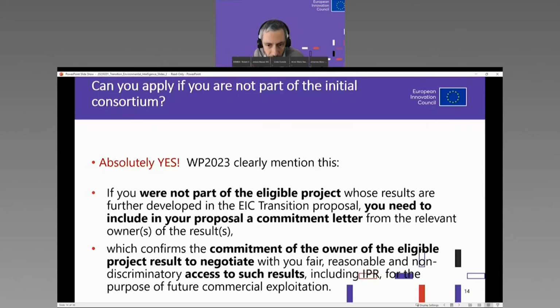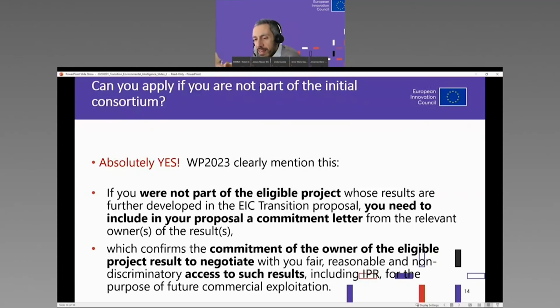Later on today, my colleague, the project officer of the transition unit, Linda Curzola, will help me in answering your questions, so please provide your questions via Slido. And the idea is like this. What we want to scale from TRL 3-4 up to TRL 5-6 is a system that, as I said before, has been developed during another project.